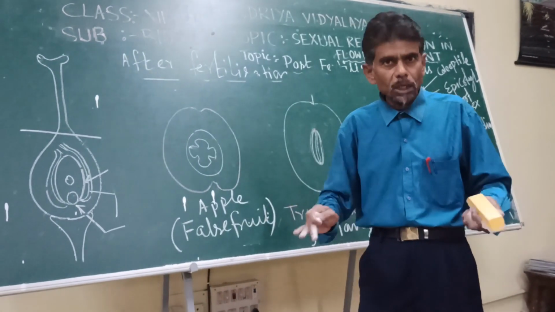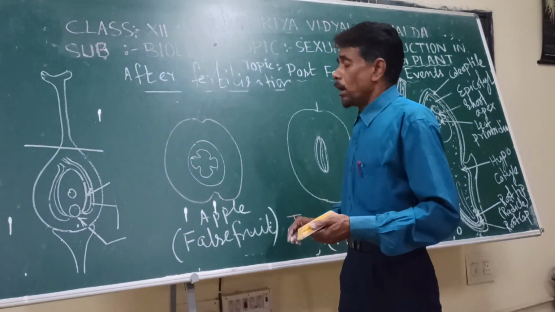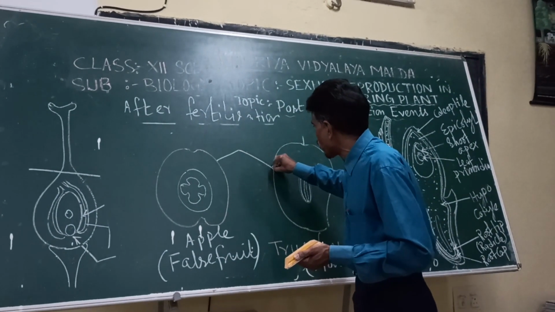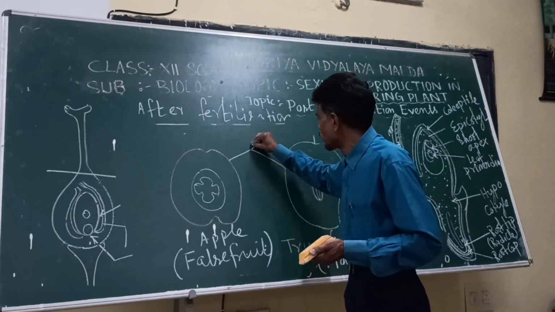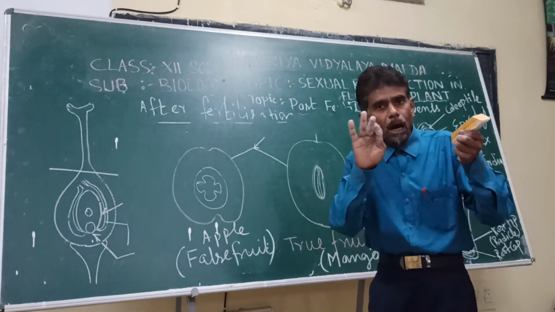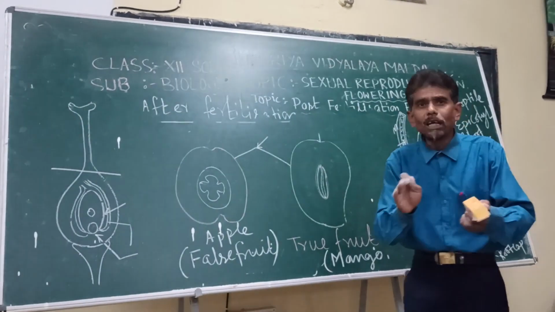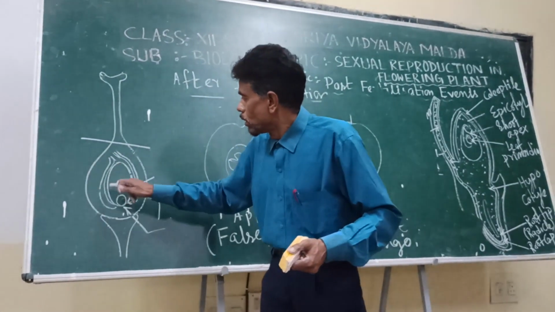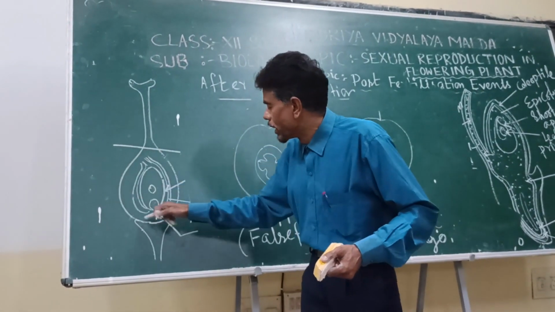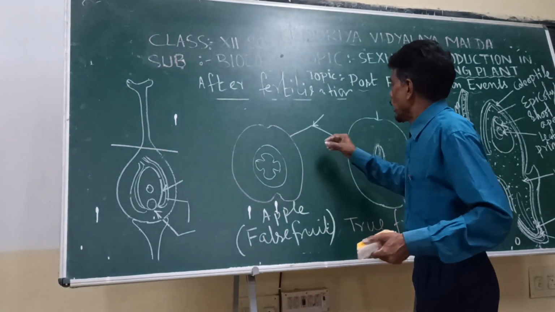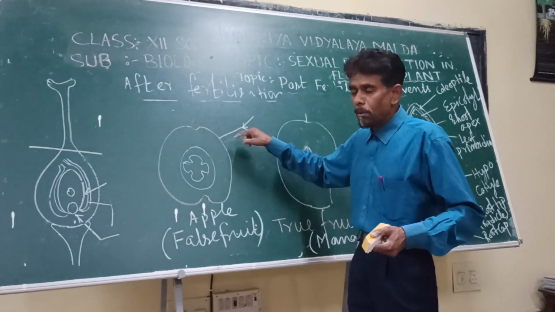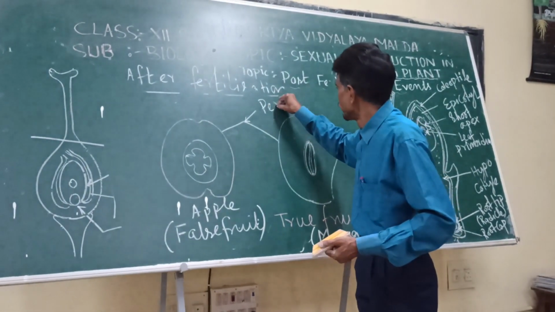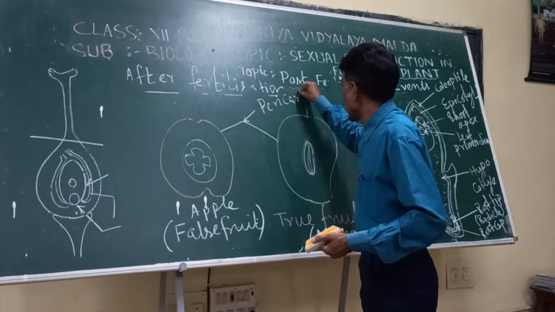In case of juicy fruit, the outer covering of fruit, rather to say the covering outside the ovule, the ovary which is covered. So this outer covering, we call pericarp.